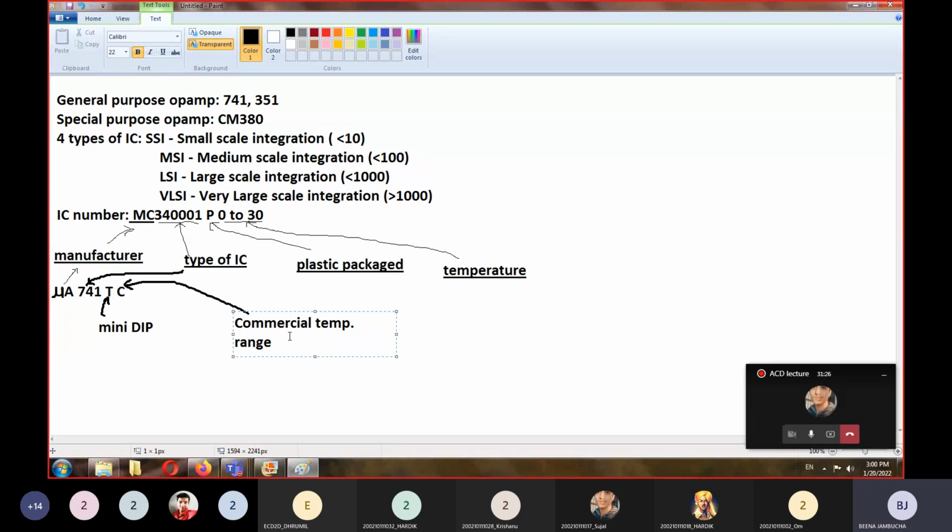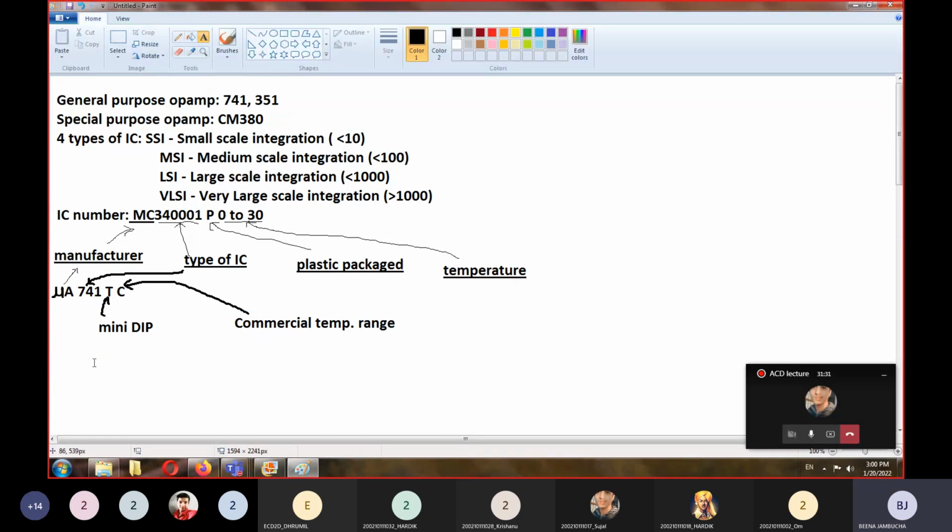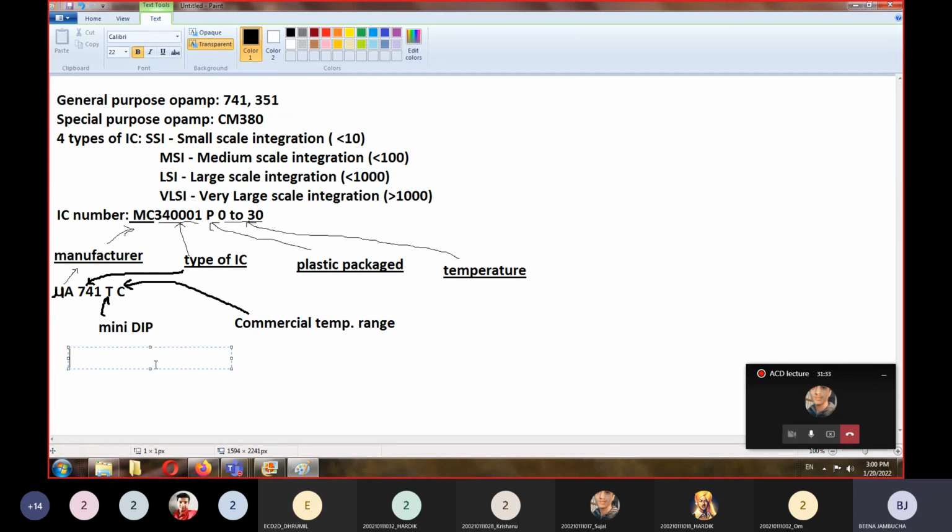So what can the temperature range be? Let's say we are using it for military. Then what will the temperature range be? If we have to design an IC for military, then your temperature range should be minus 55 degree to plus 125 degree Celsius.